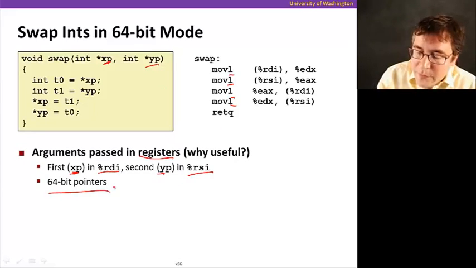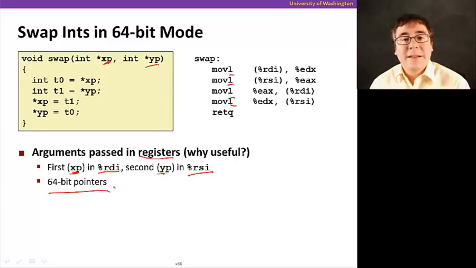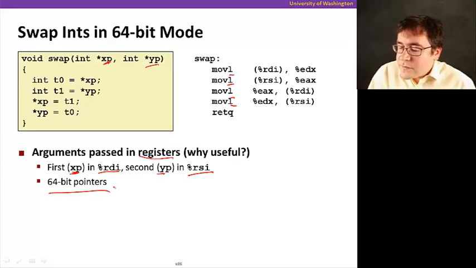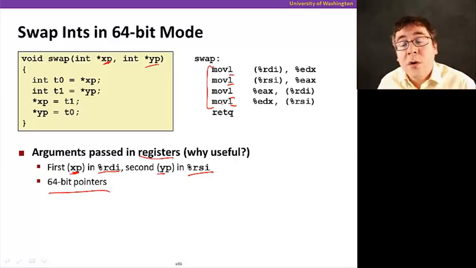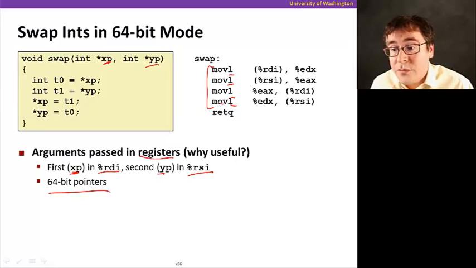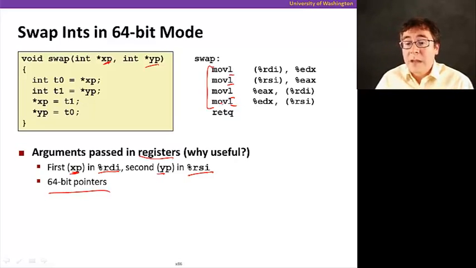These are 64-bit pointers because addresses in x86-64 are 64 bits long. And look how interesting: now we have only 4 instructions. We're no longer reading the parameters from the stack, which is a big advantage. It's much faster. You don't have to store it to memory and read it back. And we have much fewer instructions.